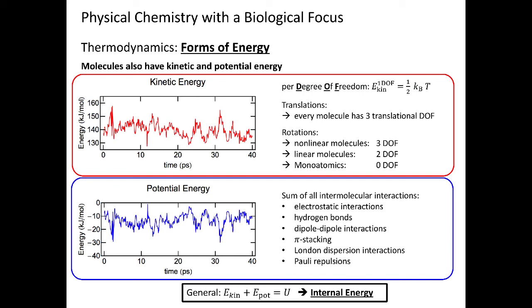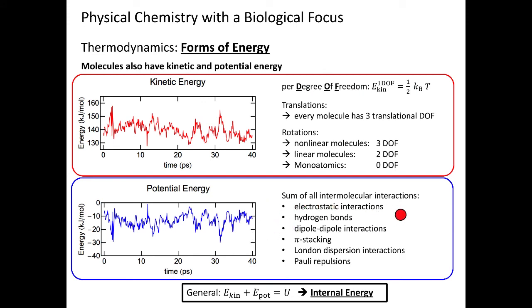The potential energy is essentially the sum of all intermolecular interactions. We already learned what they are: electrostatic interactions, hydrogen bonds, dipole-dipole interactions, pi stacking, London dispersion interactions, and Pauli repulsions. And as far as they are relevant for a gas of CO2, they actually have been included in the simulation.